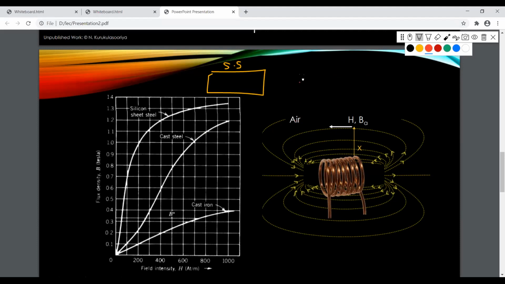So we define a special type of molecule which is a magnet, right? A very small molecule which has a north and south pole. So if I draw an enlarged shape, it's something like this.